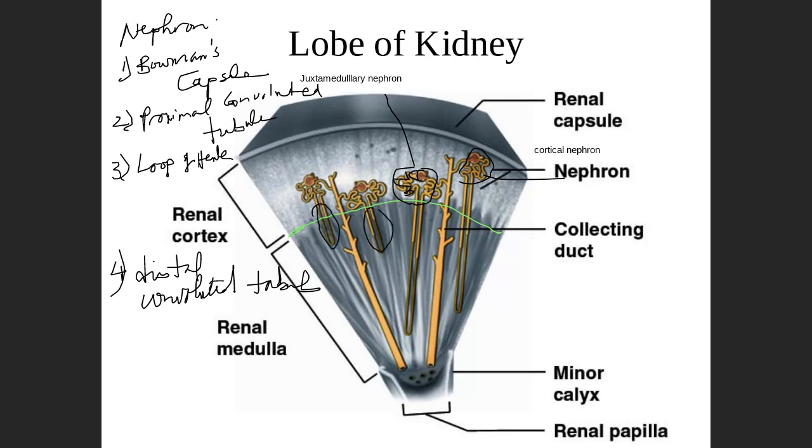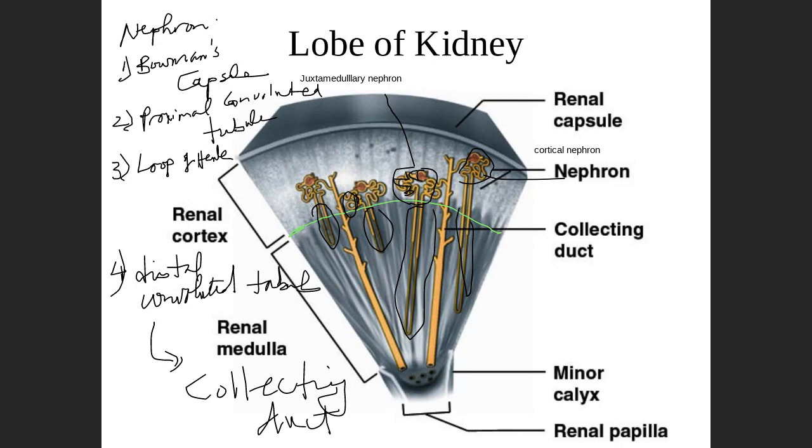And then if you follow through, there is a portion that is very far from the Bowman's capsule. This one right here is called the distal convoluted tubule. The distal convoluted tubule then connects to the collecting duct, and the collecting duct is not part of the nephron.